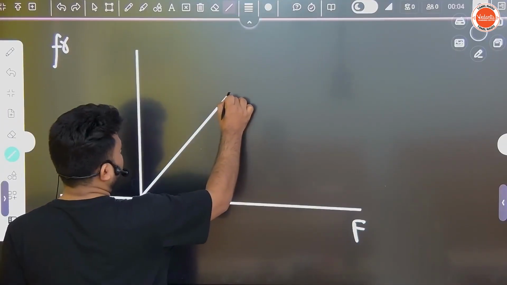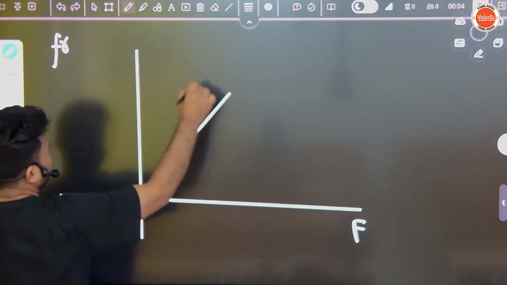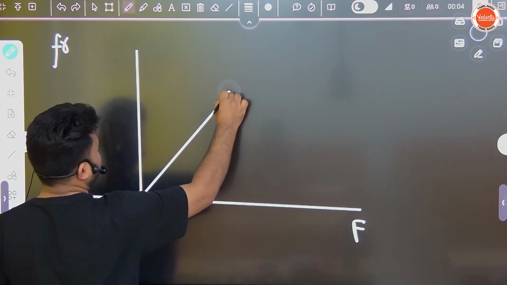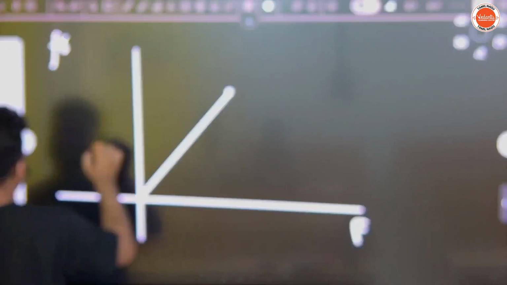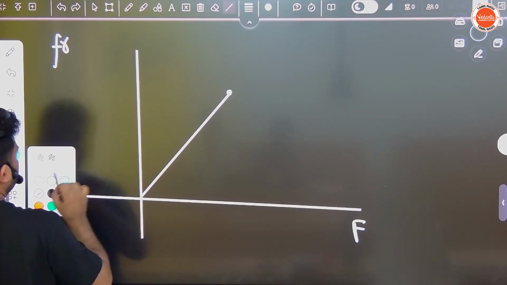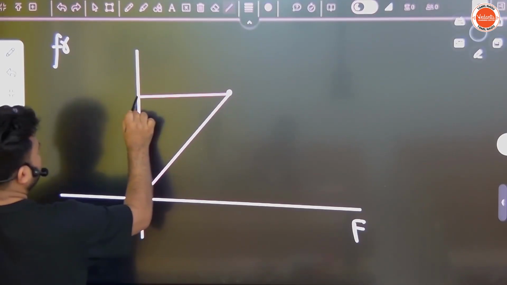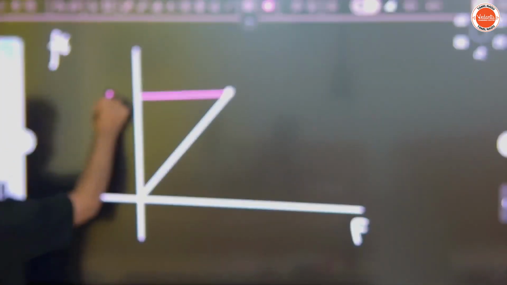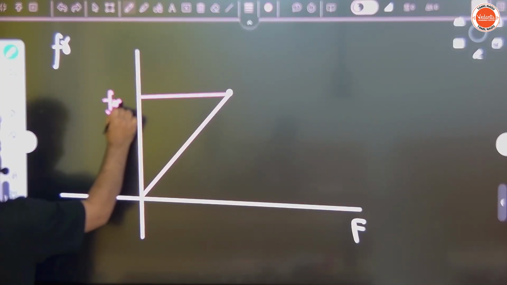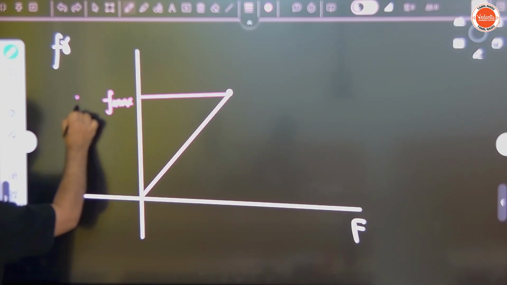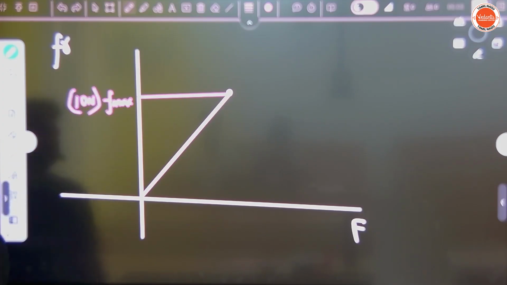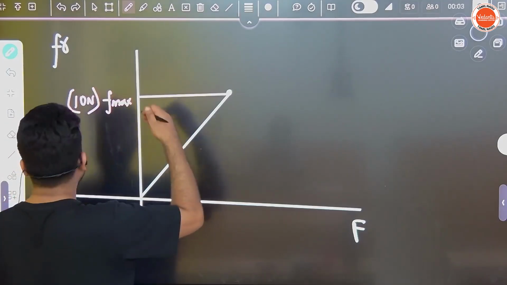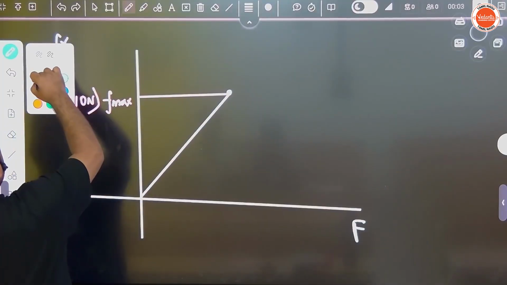Till friction reaches maximum. This is the maximum friction, 10. So we can write like this. This is the maximum friction, F max. In the example, we took 10 Newton. Then what happens? Now this was the maximum capacity.